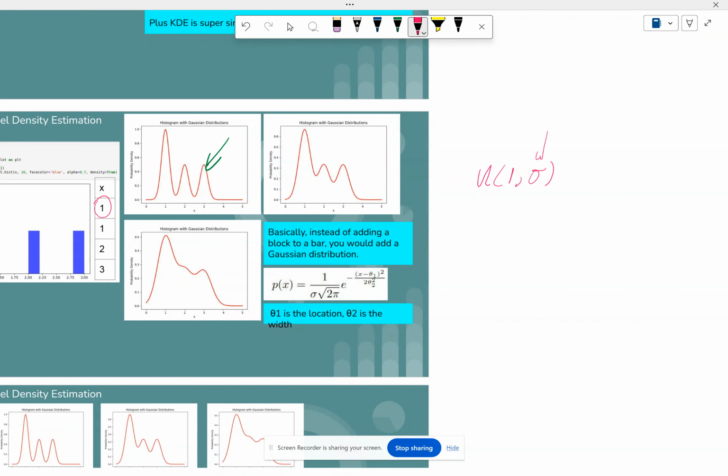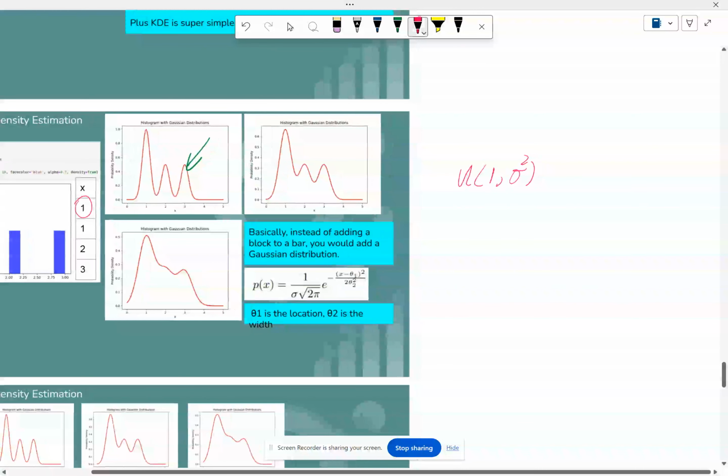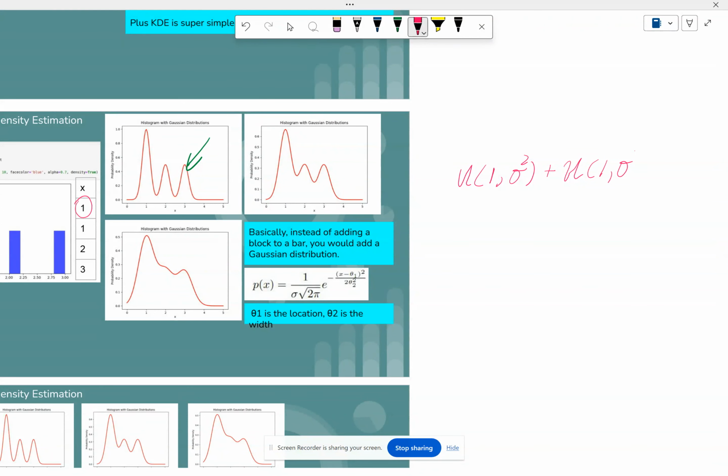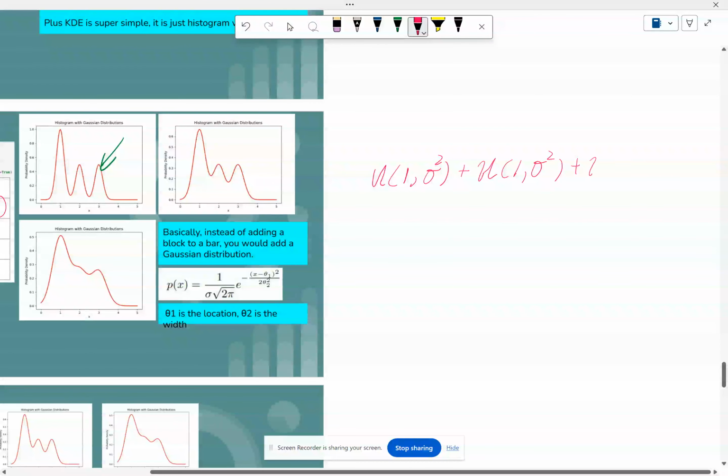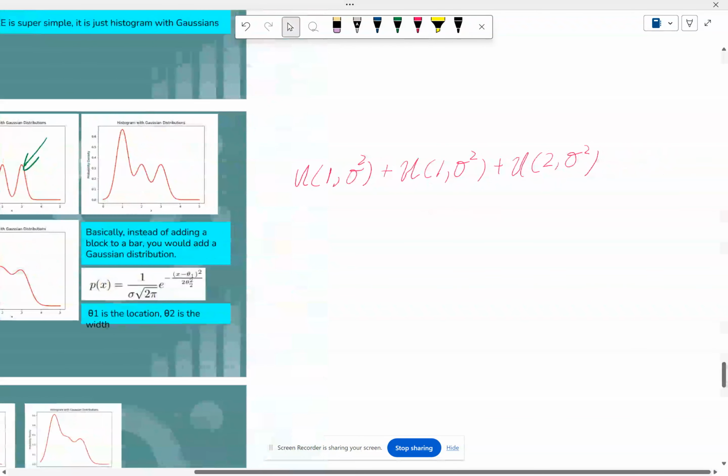You pick the value ahead of time, right? And then the second one, you'll do it again: 1 again, sigma square. And then the third one, 2, sigma square.